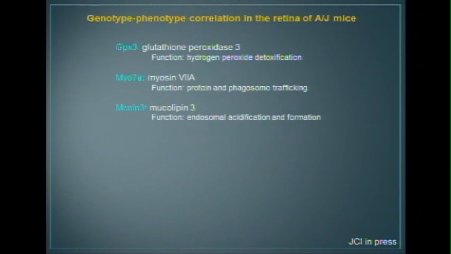It means that GPX3 is fighting oxidative stress. And MYO7A and Corin3, those two proteins have overlapping functions. MYO7A's function is phagosome trafficking, and Corin3's function is endosomal acidification and formation.